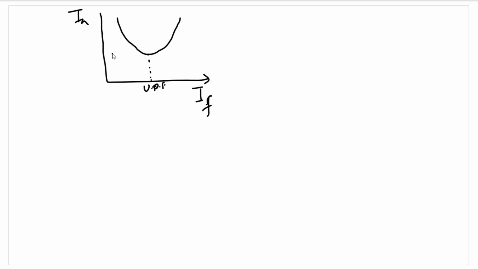This is at lagging power factor. This is at leading power factor. There's this kind of variation seen. Ia will decrease in the lagging power factor region, it will increase in the leading power factor region, and it will have the least value at unity power factor with changing field current.